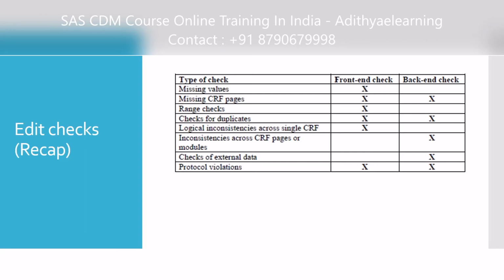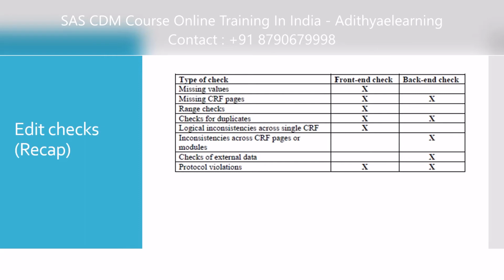Then inconsistency across CRFs or modules. This is completely back end. For example, if they say an AE is reported and there is a concomitant medication, they will just say yes. But as a data manager, you have to go to the concomitant medication page and see whether any medication has been taken during that AE's start and end. This cannot be checked front end or directly by the system.